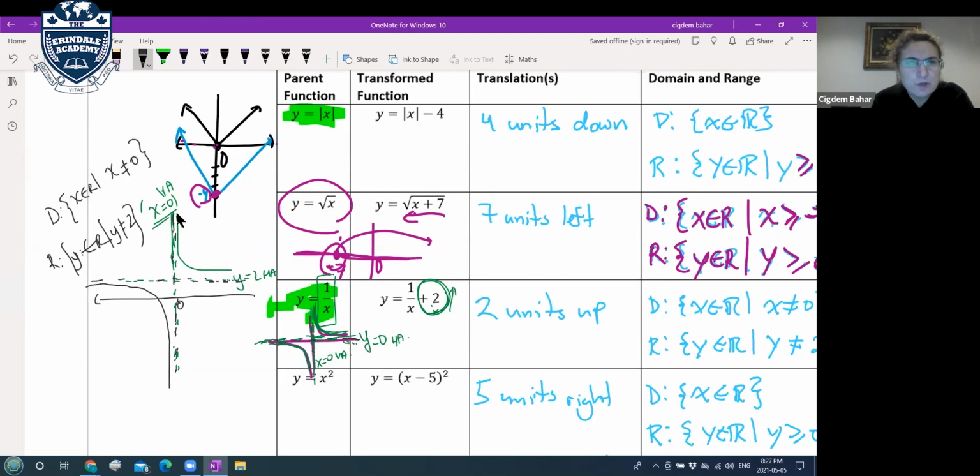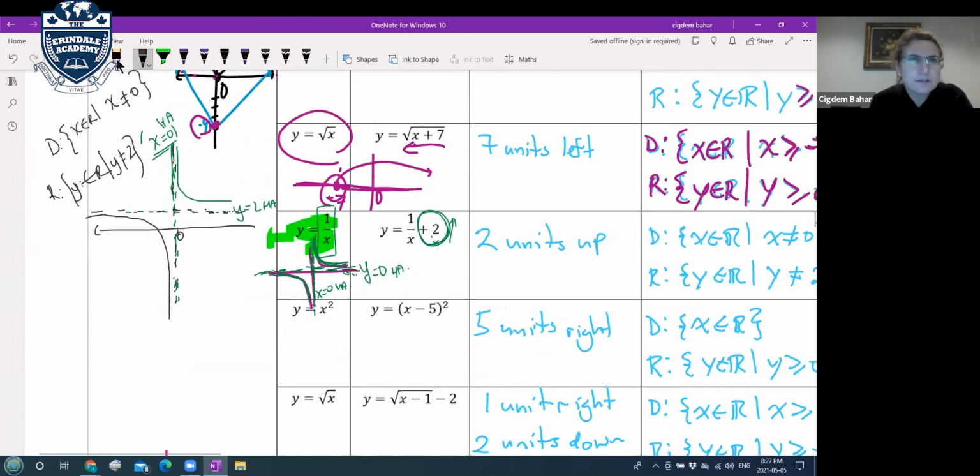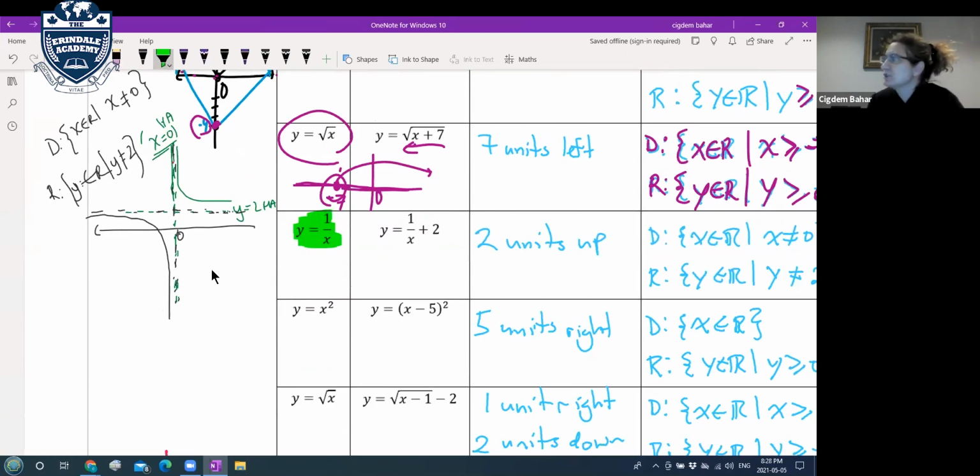Y can't be 2, x can't be 0. Next. Any question with reciprocal? Most of the students are struggling with reciprocal function.